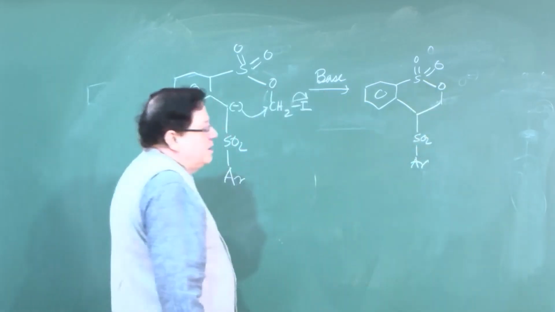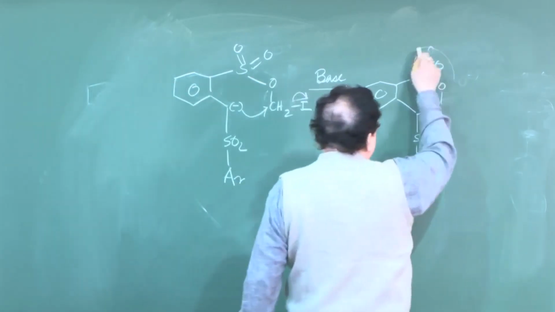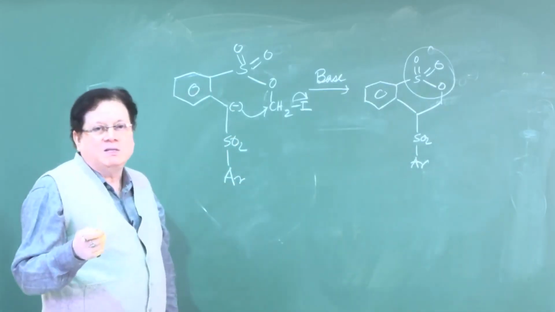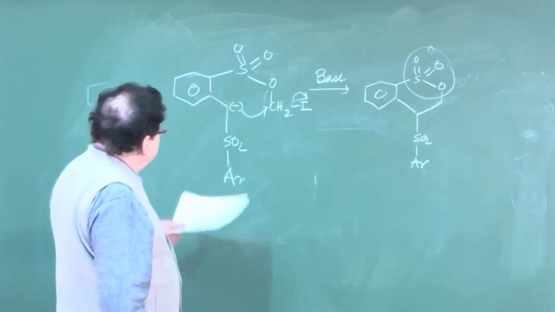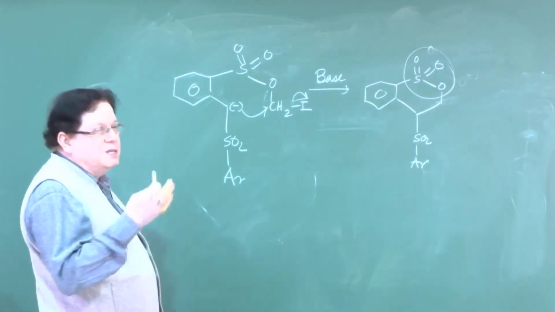However, the reaction does not stop here, because again this is another good leaving group. First it was iodine. Iodide is one of the best leaving groups, you know. So, first it was the iodide which is kicked out. There are two reasons for that.